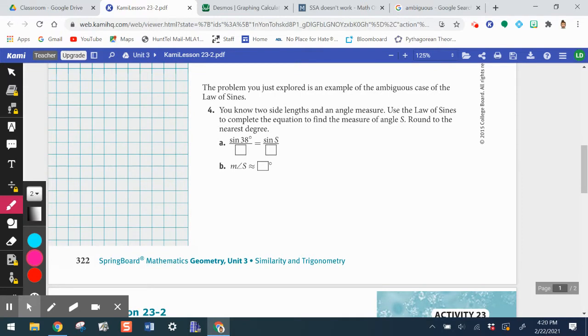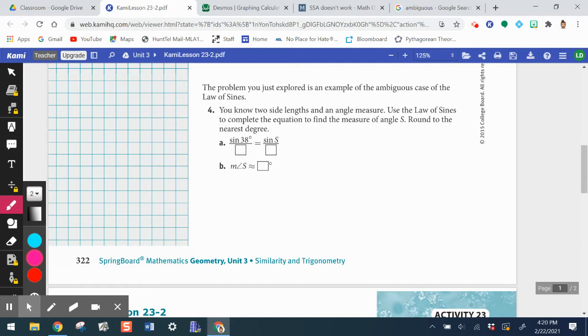The problem you just explored is an example of the ambiguous case of the law of sines. You know two side lengths and an angle measure, which is different than what we saw in lesson 23-1. For the most part, we knew two angle measures and a side. So we're going to use the law of sines to complete the equation to find the measure of angle S. We're just going to continue that method that we saw in the lesson practice on 23-1.